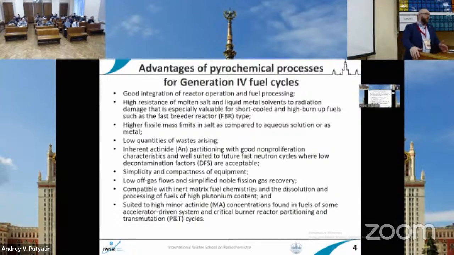In molten salts, it is not so probable, so the working concentrations can be much higher, and that means that you can make equipment much smaller, more compacted. You need less space than for conventional hydrometallurgical operations using aqueous solution and organic solution.